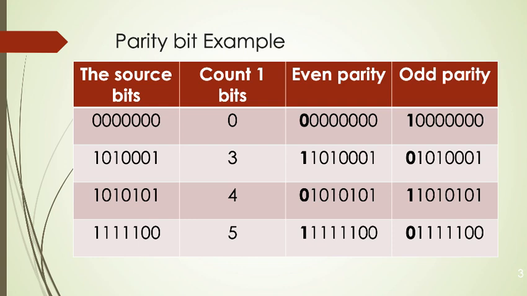If he were to count an odd number of ones when he receives it, keep in mind we did agree on even parity, the parity bit included, then he would have known that the data had been compromised, either in transit or by his or my handling of it. So that's parity bit, the simplest way to detect errors in the simplest data.